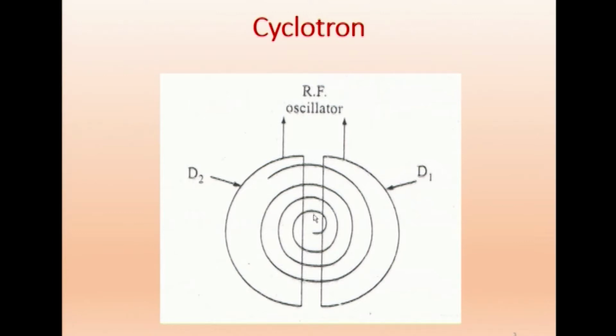If it is a negative particle, it will be attracted towards D1 when D1 is positive, and towards D2 when D2 is positive. Every time the energy increases, so it goes in a spiral path, making many circles, and finally comes to the periphery. After that it can come out and be used for the target.